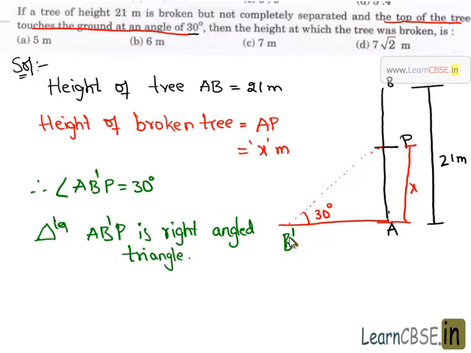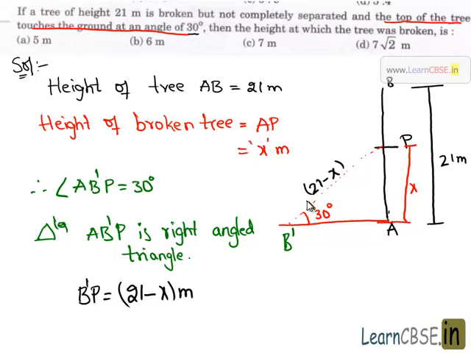The length of the hypotenuse B dash P is obtained by subtracting the height of the broken tree from the total height of the tree. The total height is 21 meters and the height of the broken tree is x meters. So the length of the remaining tree, that is the hypotenuse, is 21 minus x meters. By using appropriate trigonometric ratios, we can find x.